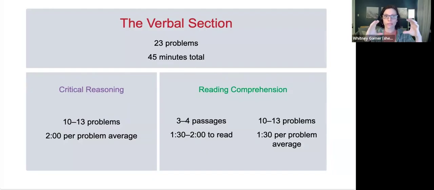Critical reasoning are going to be the single paragraph, single questions, whereas reading comp are like longer 2+ paragraph passages where you'll have to answer 2 to 4 questions about that passage. And so again, we'll usually have about 4 reading comp passages with 3 to 4 questions each. And then the remaining 10 to 13 questions will be made up of our critical reasoning questions.